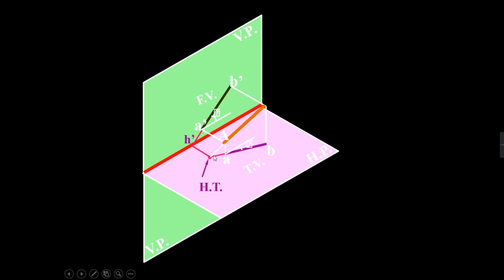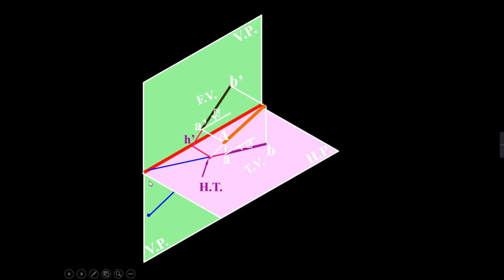Okay, in a similar way you can find out the vertical trace. I am extending the line AB, so it is cutting the vertical plane here, so it is a vertical trace. And in the drawing sheet, how can I find the vertical trace? I will extend the top view up to the reference line, then it will cut the reference line at some point.